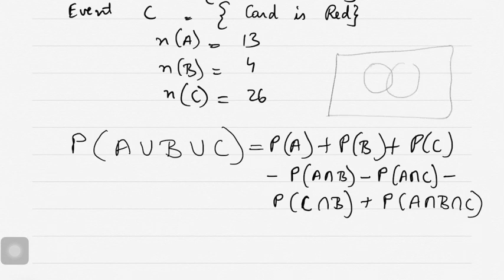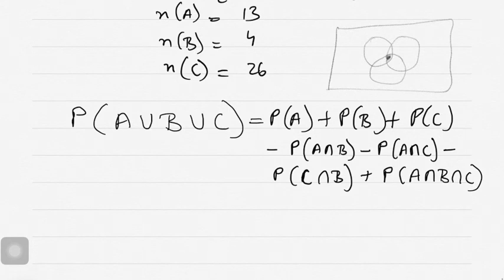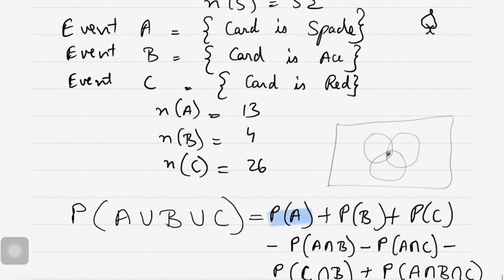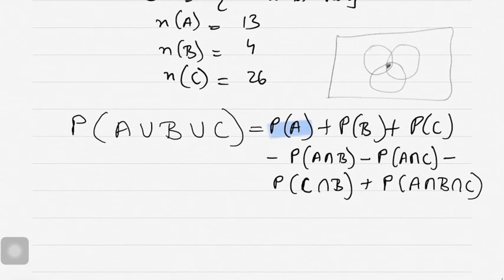See, yesterday I made this diagram like this, something like this. And then you have to add back the middle portion. Okay, so let us find the probability of every component on the right hand side. First, let us find probability of A. That is the probability of getting a spade.